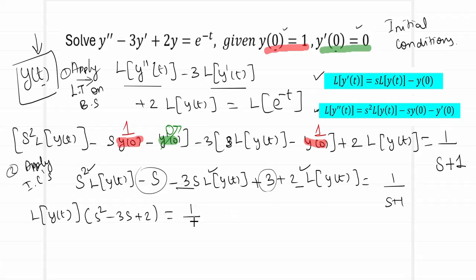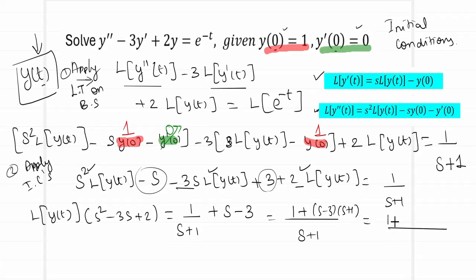Take it to the opposite side. So, I will have it as 1 by s plus 1, minus s comes this side as plus s, and plus 3 goes to the opposite side as minus 3. Let me take the LCM as s plus 1. So I will have 1 plus s minus 3 into s plus 1.